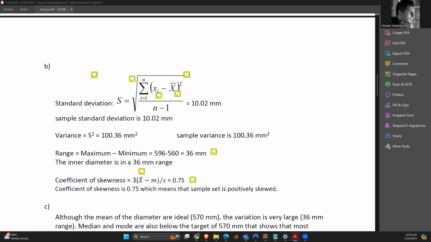That xi subtracted by x bar is your data points subtracted by the mean, divided by the total data minus 1. By calculating that, you get the final value 10.02. The important part here is that you get the variance right, because that's the main thing under the square root that you see in the equation.